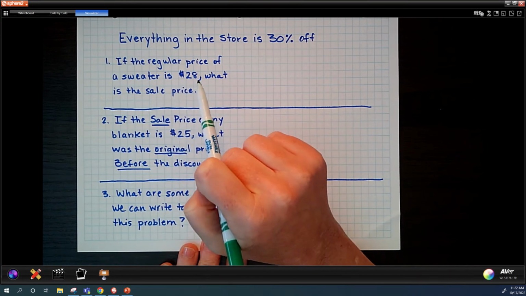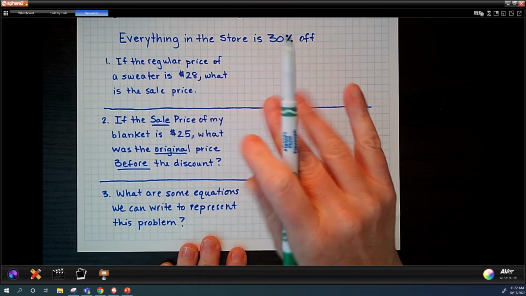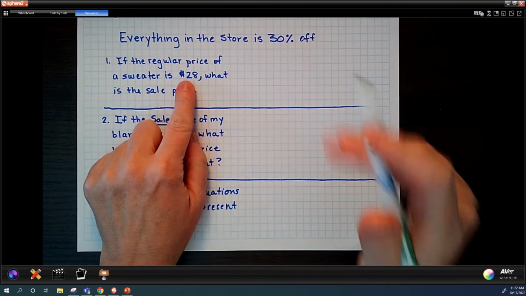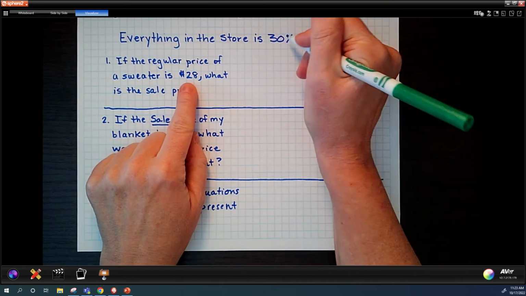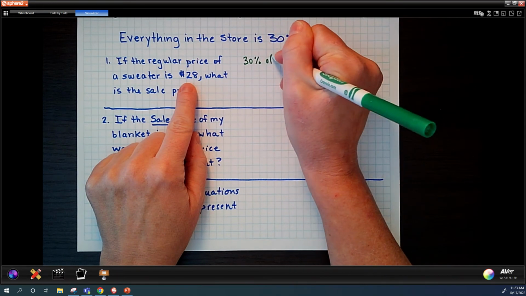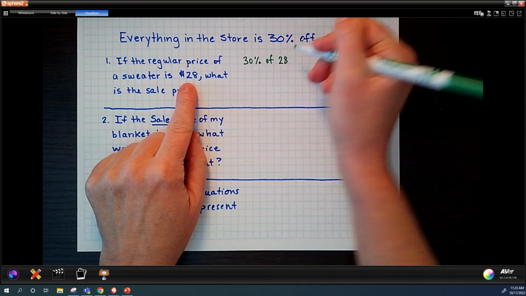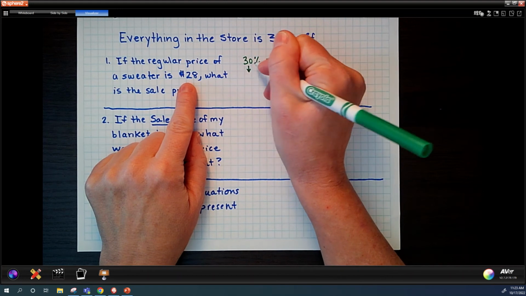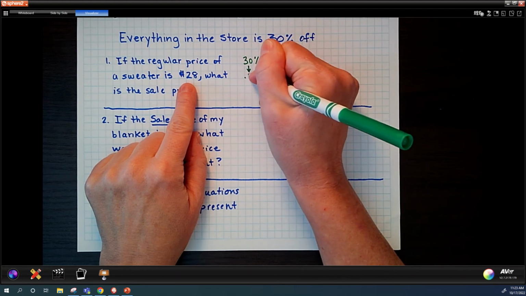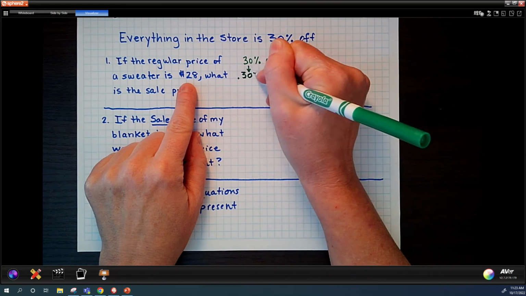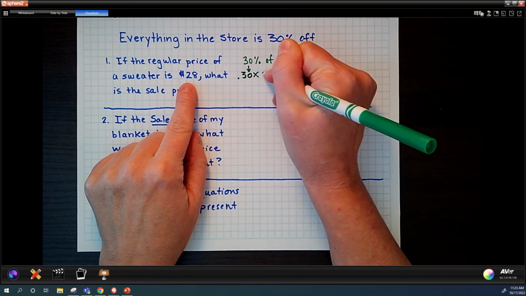Most of you are okay with solving this problem, but I'm going to work it out two different ways. I know the sweater is $28 and I need to figure out what 30% of 28 is. So we can convert our percent to a decimal, 0.30, and multiply that by 28.